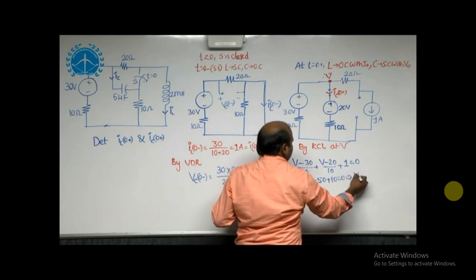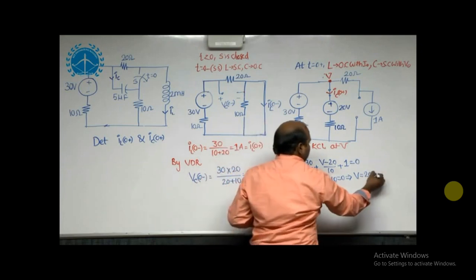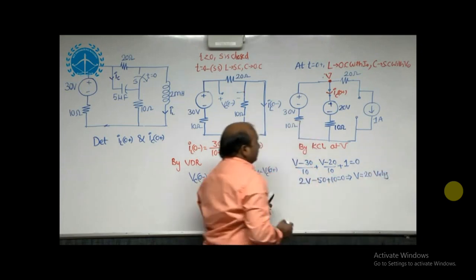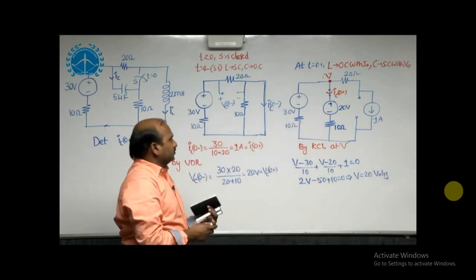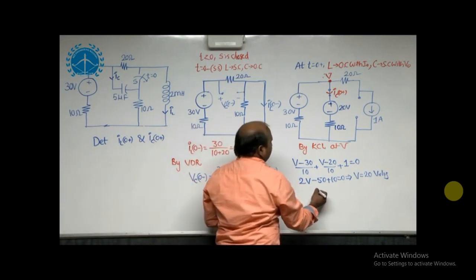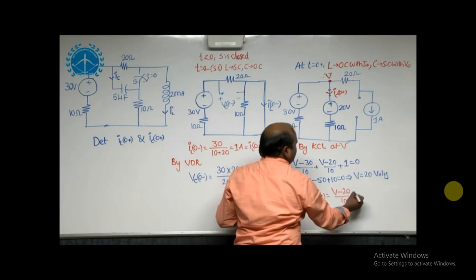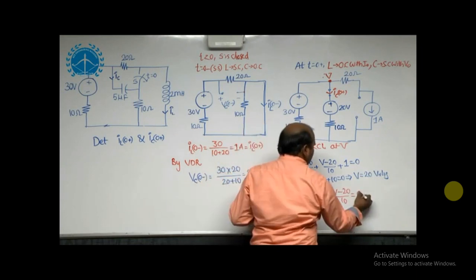The V value we are getting here is 20 volts. Once we get V equal to 20 volts, the value of IC of 0 plus is V minus 20 by 10, which is equal to 0 amperes.